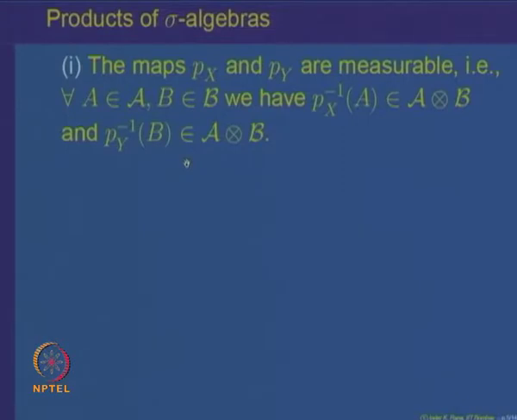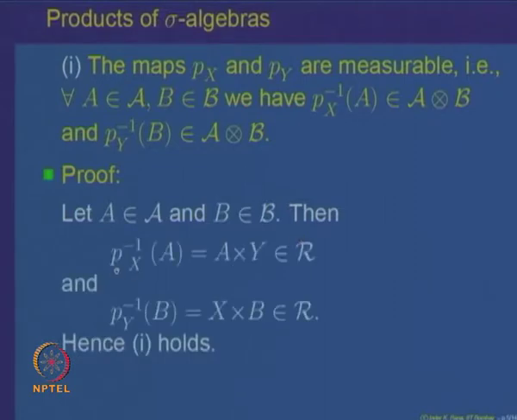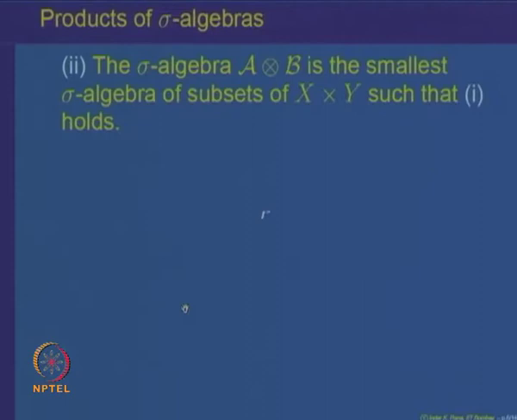In fact, something more can be said. Let us go through the proof again. If A belongs to A and B belongs to B, then P x inverse of A is just A cross y, which is a rectangle, and P y inverse of B is again a rectangle, and hence they both belong to the product sigma algebra, and hence P x and P y are measurable.